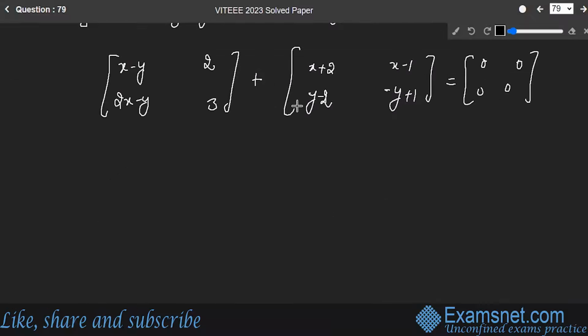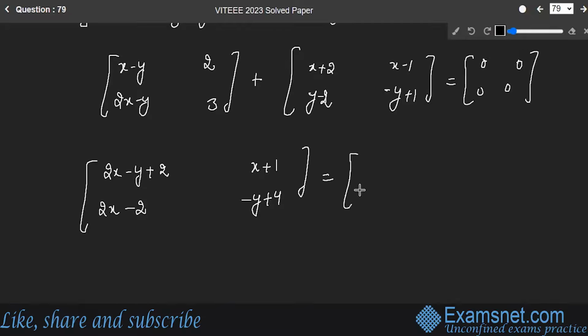This gives you, let's add them. You will have 2x minus y plus 2 or x plus 1. This will be 2x minus 2 and minus y plus 4 is equal to 0, 0, 0, 0, or 2x minus y plus 2 is equal to 0.